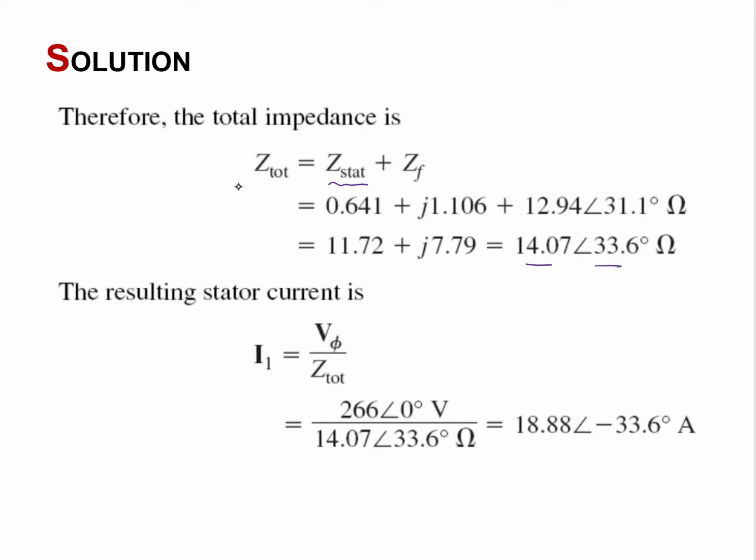So in this case, in order to calculate the stator current, we have the per phase voltage, and we have now the total impedance. We plug them into this formula, and we get the magnitude of the current as well as its phase. We can see that it is lagging the voltage by 33.6 degrees.